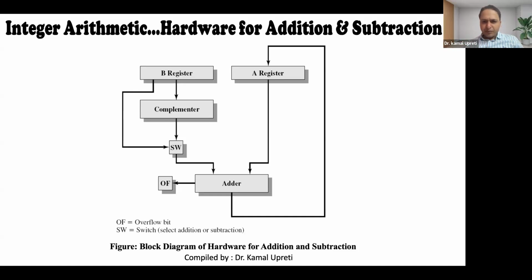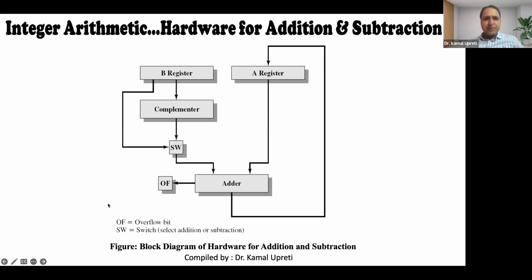Later on, we will study the different types of addressing modes, which is a very important concept. When we are storing data, there are multiple methods for storing it. But the question is which method needs to be applied for storing data and for processing data, which is very important. So I am starting with that.